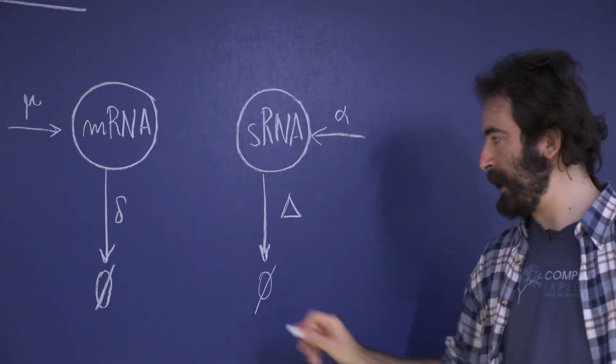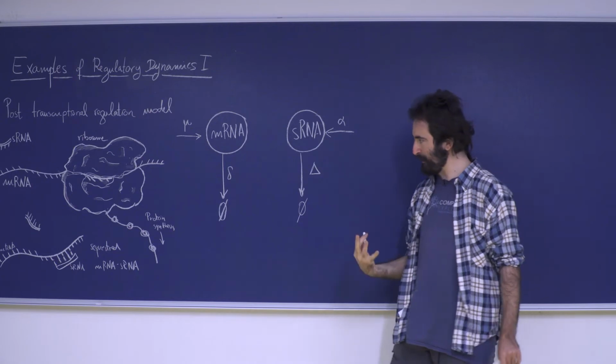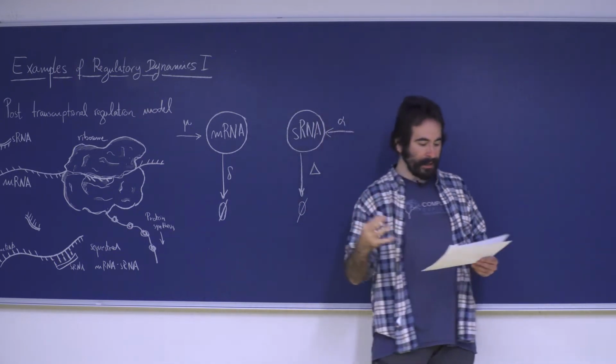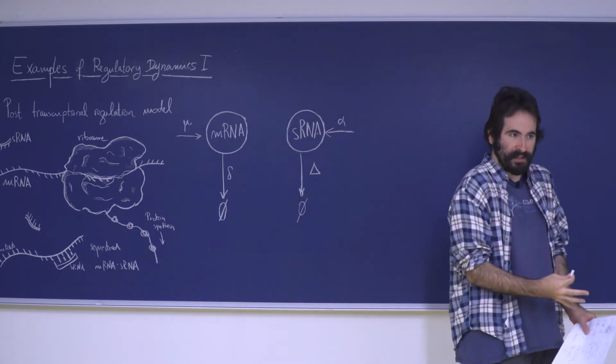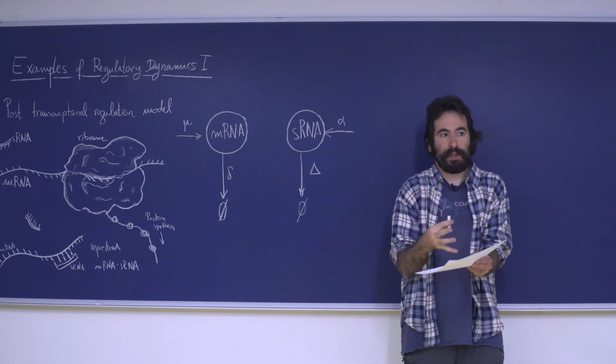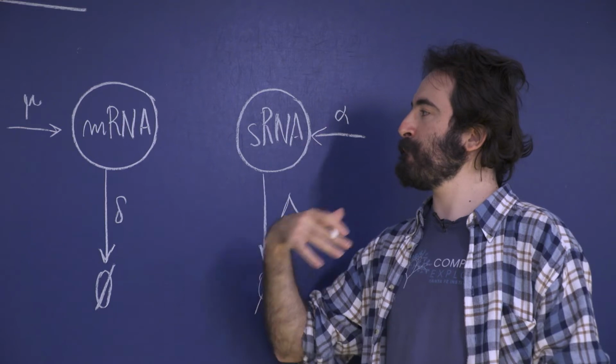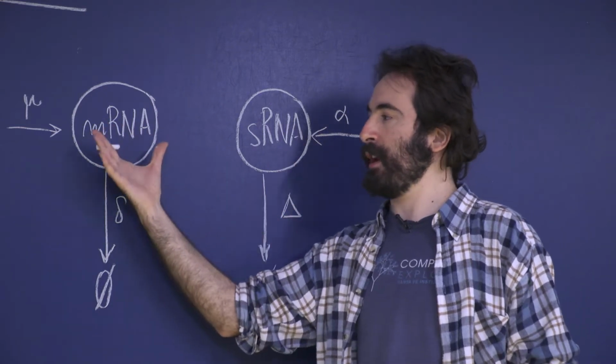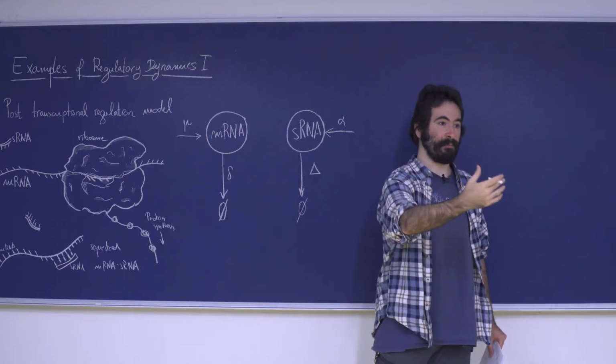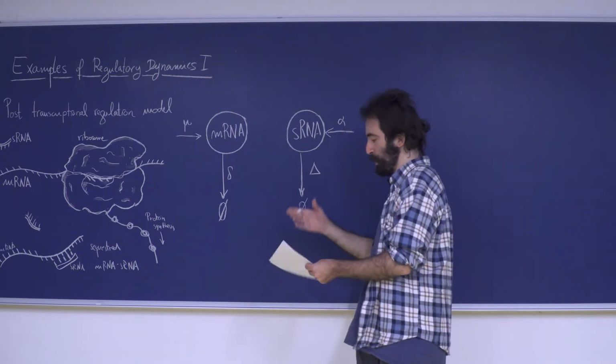Both are decaying, but the most important, crucial aspect of this model is that one can somehow capture the other, sequester it, and thereby render it useless. In a sense, we are going to focus on the concentration of free mRNA, which is the one that's going to be, after all, expressed as a protein.